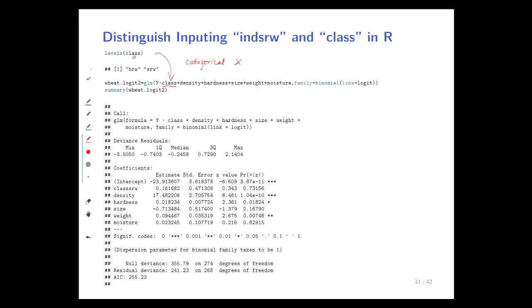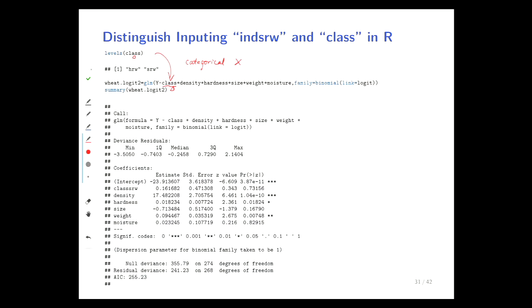So R can actually help us input this categorical X into the regression model directly. But in order to understand this output, you need to use the indicator variable idea to help you understand the output.